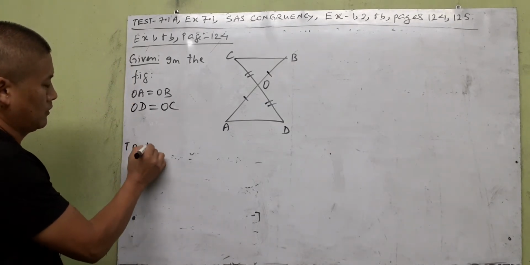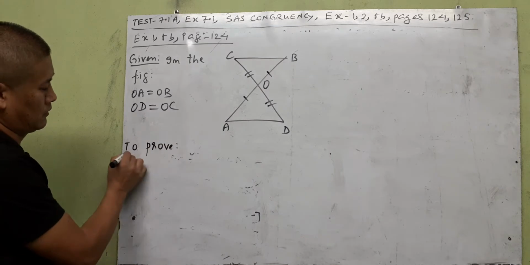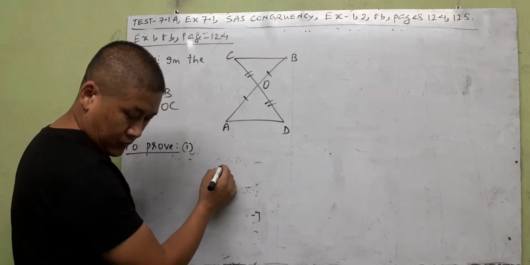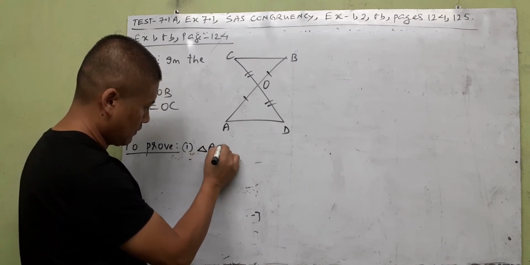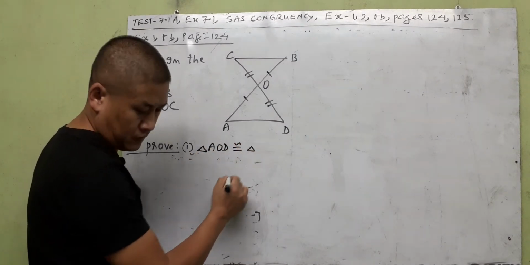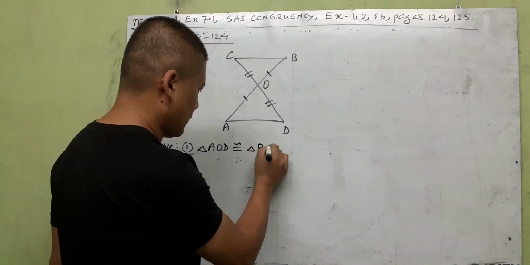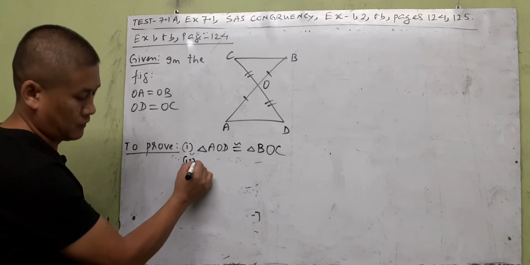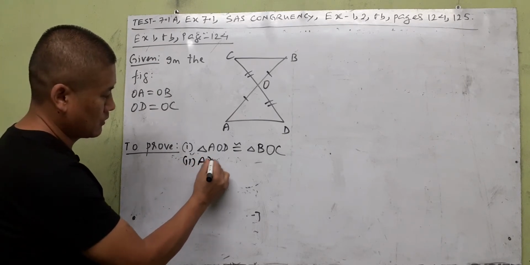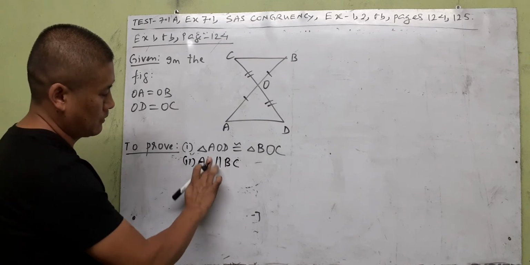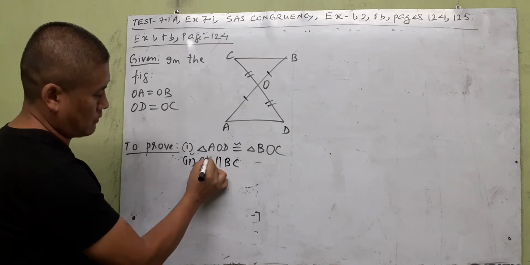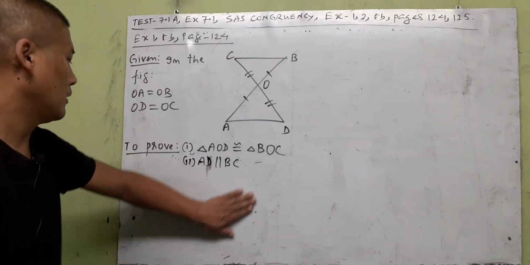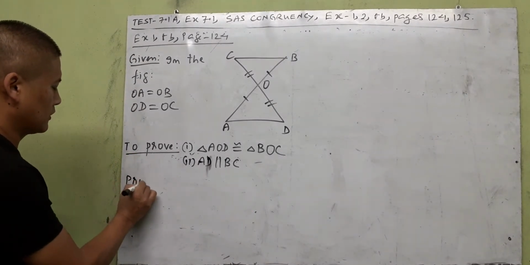So first one, number 1, triangle AOD congruent to triangle BOC. Then second one, we have to prove AD is parallel to BC. AD parallel to BC.